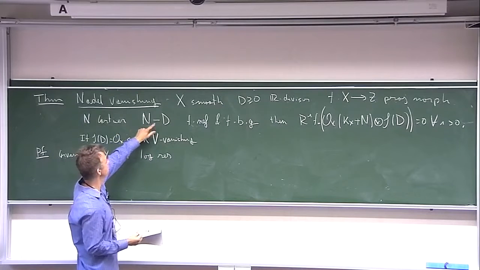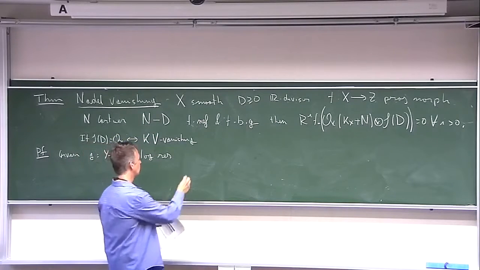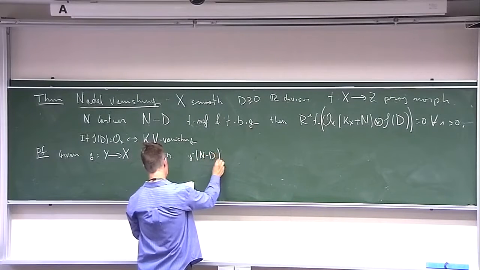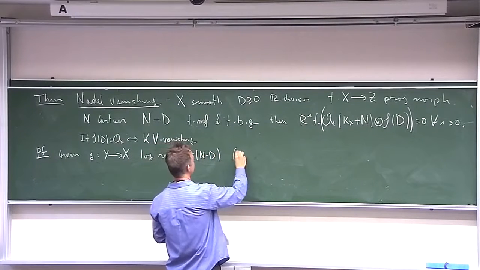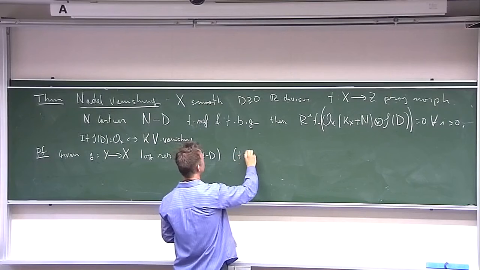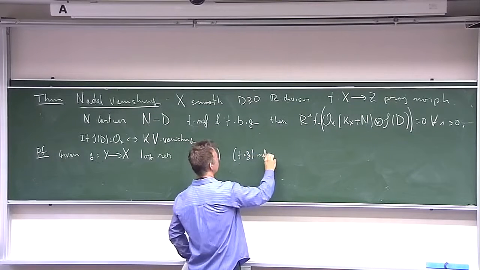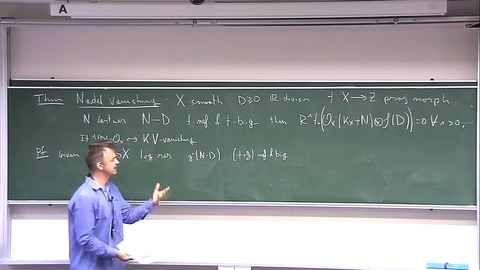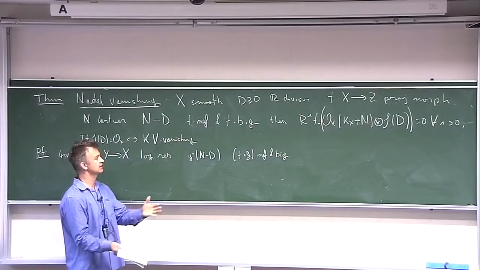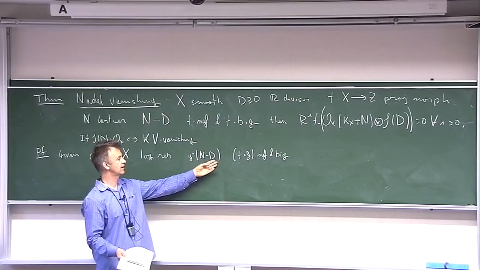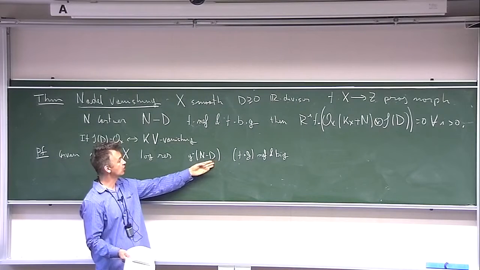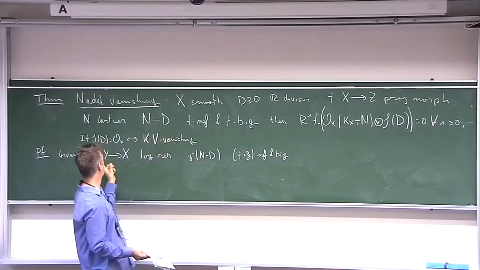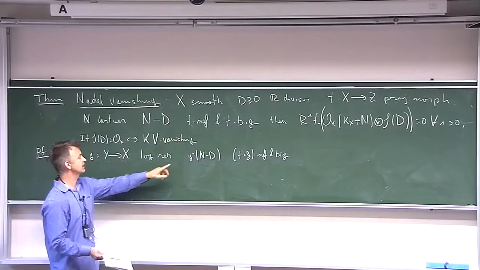And then, in order to apply Kawamata vanishing, I need some F-nef, and so I have N minus D as F-nef and F-big. So let's look at the pullback of N minus D. And let's observe that then this is F composed with G, nef and big. Well, the nefness, it needs to intersect curves non-negatively. Clearly, the only new curves you really have to worry about are curves that are getting contracted from Y to X, and those automatically intersect this at 0.